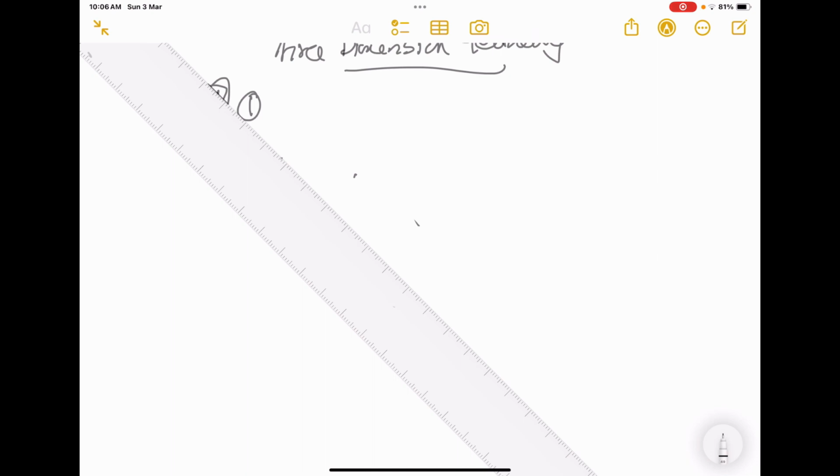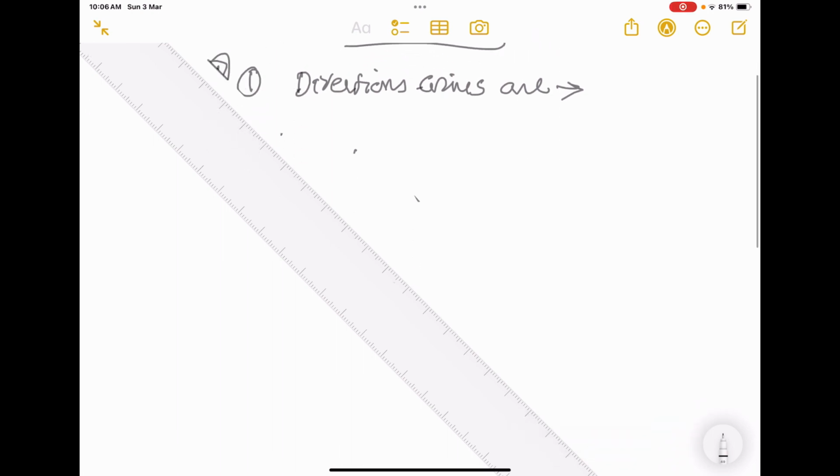First question: direction cosines are cos alpha, cos beta, cos gamma.